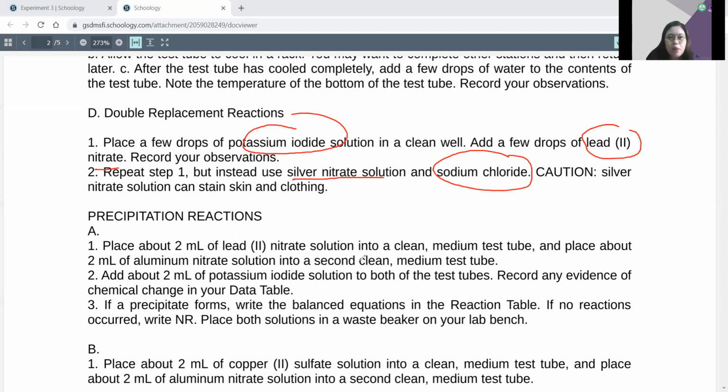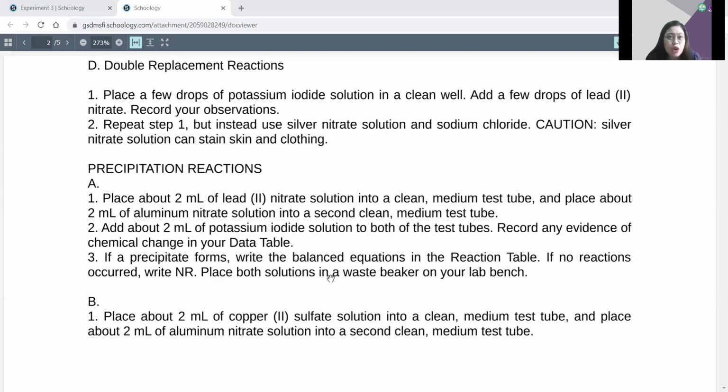And then under the double displacement reaction, we also have the precipitation reaction. That is still under the double replacement reaction. So you still have here the lead nitrate, but instead of reacting it with potassium iodide, we will be using here aluminum nitrate solution.